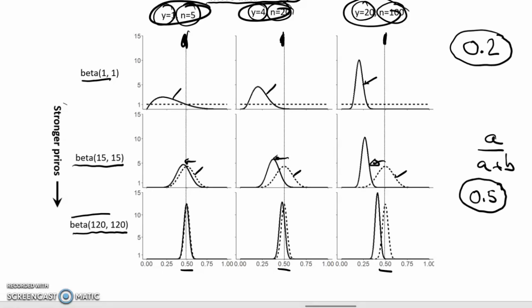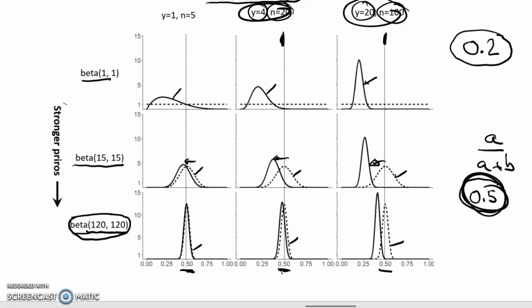And then in the bottom row, we have a very strong prior, a beta 120, 120. So if we look at the shape of these priors, we can see that we're pretty darn certain in our prior that the value of theta is very close to 0.5.